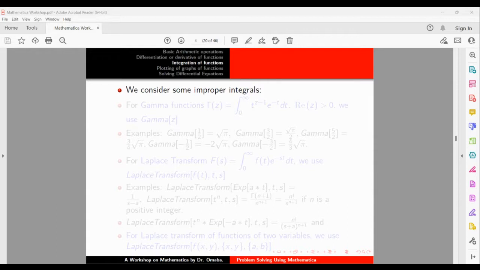So this one is not like a lecture. This is more of practice. Okay, so let's move on. So let's see some special integrals.